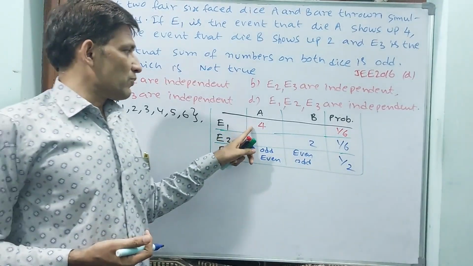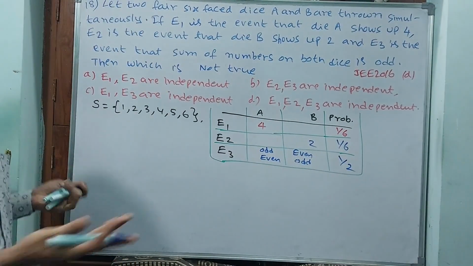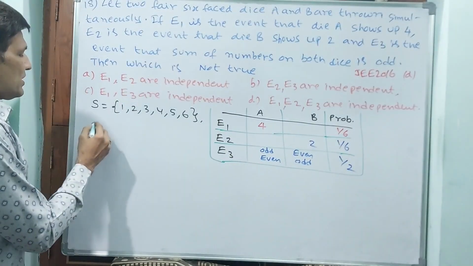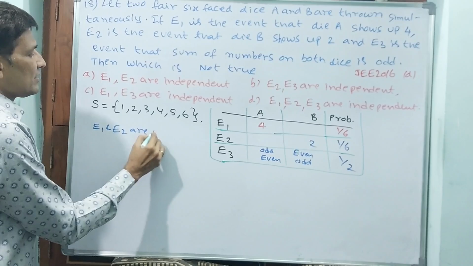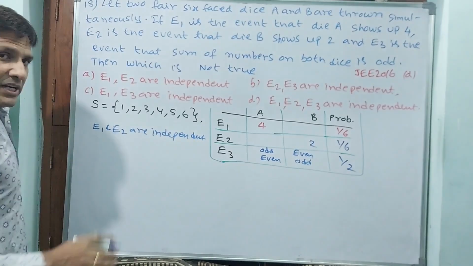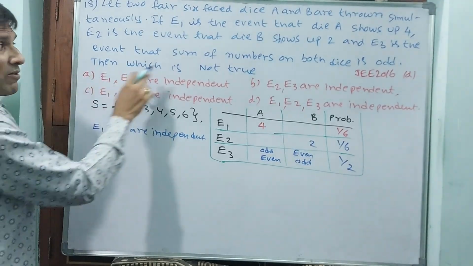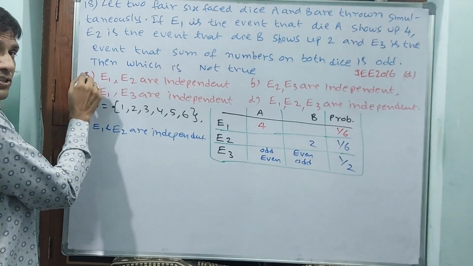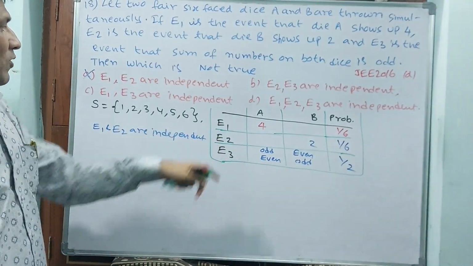Because if 4 comes, 1 by 6, if 2 comes, 1 by 6, that's all. Both are not dependent, directly we can write. That means E1 and E2 are independent. They don't bother about each other. That is why this is correct, but we are asked what is false. So this is not false. Now go for the second one.